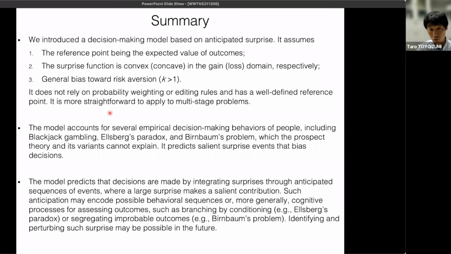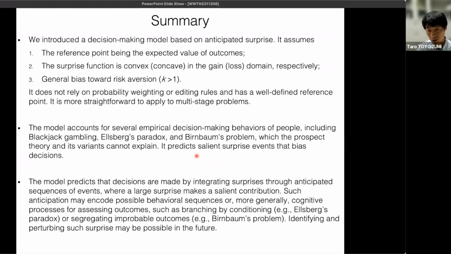And it is more straightforwardly applicable to multi-stage problems. The model accounts for several empirical decision-making behaviors of people, including blackjack gambling, the Ellsberg paradox of ambiguity aversion, and Birnbaum's problem, which the prospect theory and its variants cannot explain.